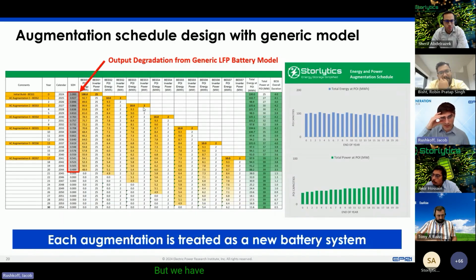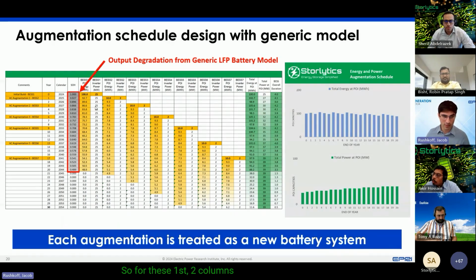But we have this nice spreadsheet where we can include additional steps in battery augmentation. I'll try to guide you through it.